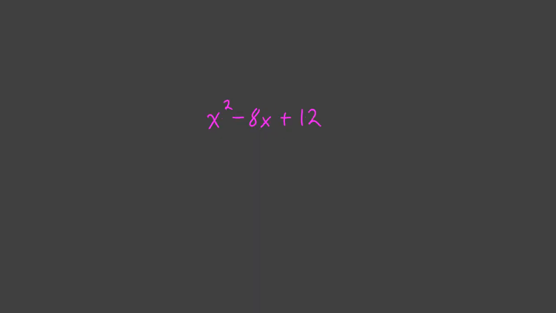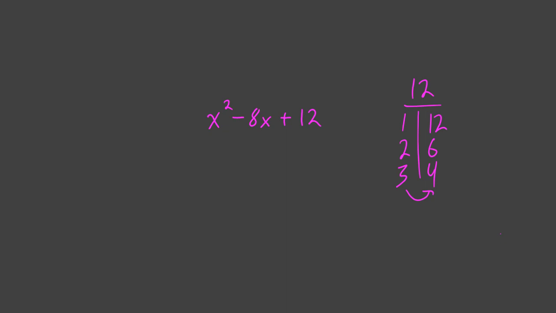x squared minus 8x plus 12. Factors of 12: 1 and 12, 2 and 6, 3 and 4. And we are done, we have reached the end. Which pair can add up to -8? Well, this one's a little bit tricky. 2 and 6 add up to +8.